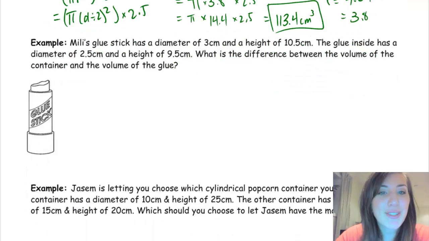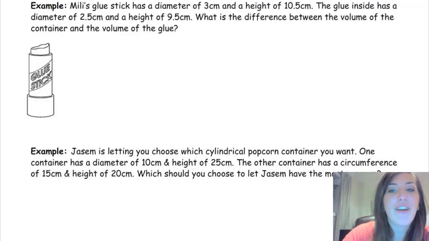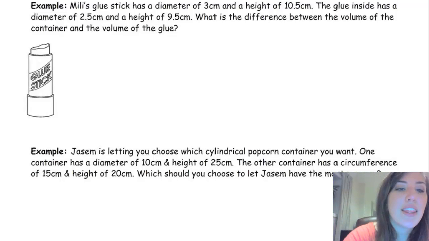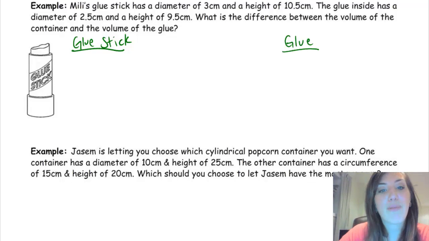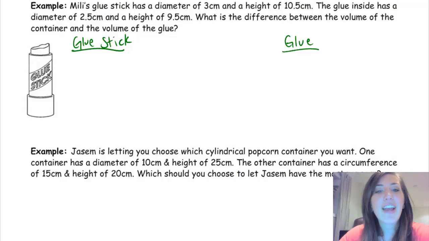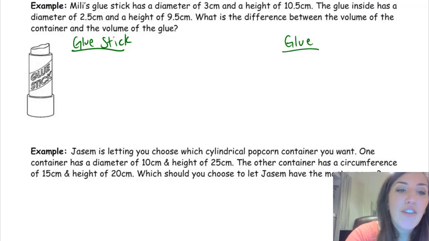All right, example 2. Millie's glue stick has a diameter of 3 centimeters and a height of 10.5 centimeters. So this is the glue stick. However, the glue inside has a diameter of 2.5 centimeters and a height of 9.5 centimeters. So what's the difference between the volume of the container and the glue? So let's look at the stick, which is the container. Volume equals the area of the base times the height.